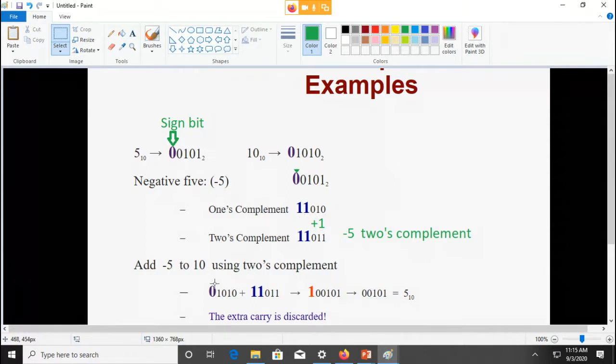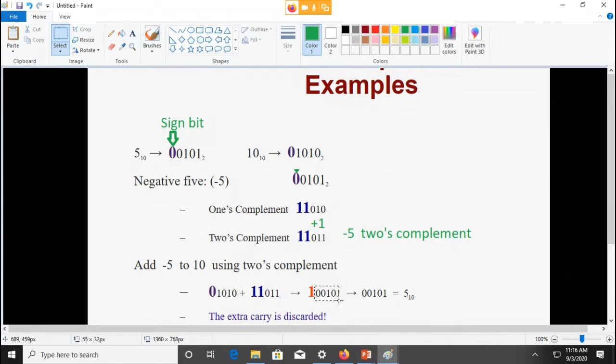All right, so if we take the number +10 down here, this is a +10, which is 0 for the sign, positive sign, and then 1010 is 10. And then this is -5. So we're going to add +10 and -5.